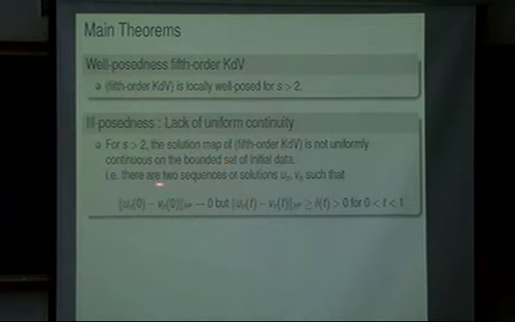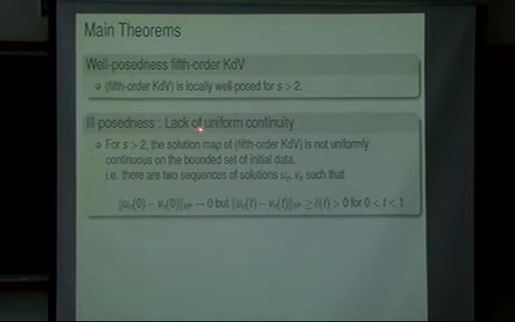So from this observation, once you have such an ill-posedness result, obviously we can see that the initial value problem cannot be solved by the iteration method. So it should be solved by a compactness argument. Which means for a given smooth initial data, we find the a priori bound for the solution, and then by taking the limit and using the a priori bound, we can find the solution in some function space. Okay, so I'm going to present that later.